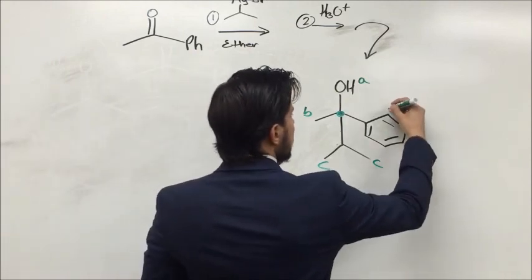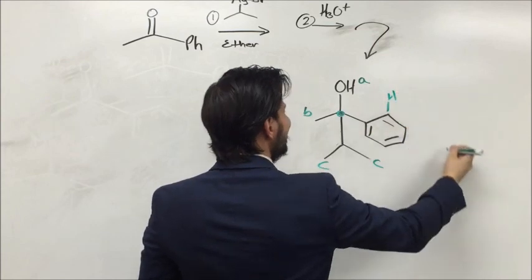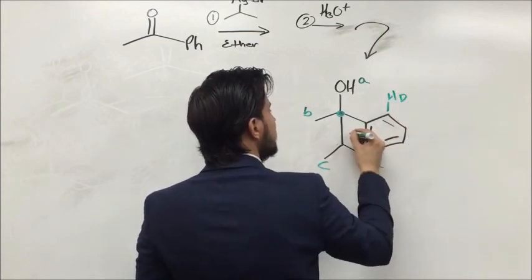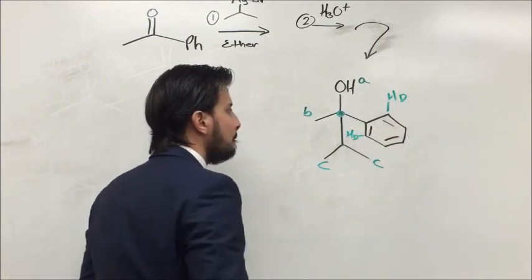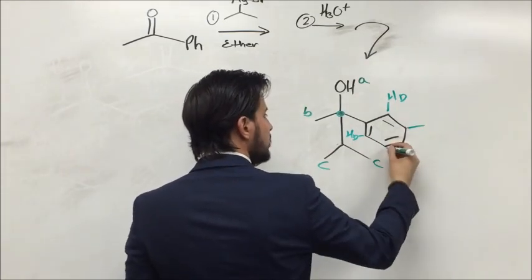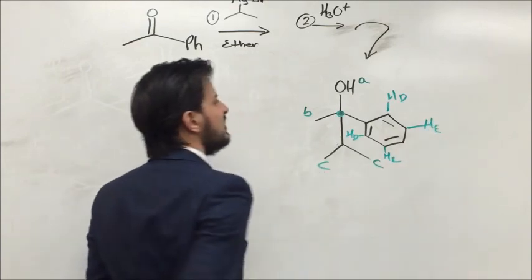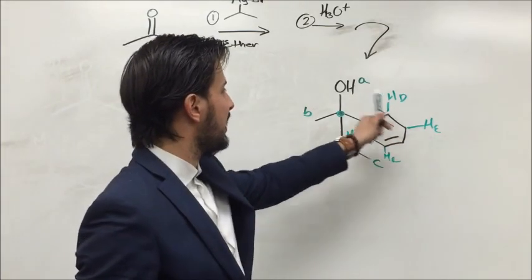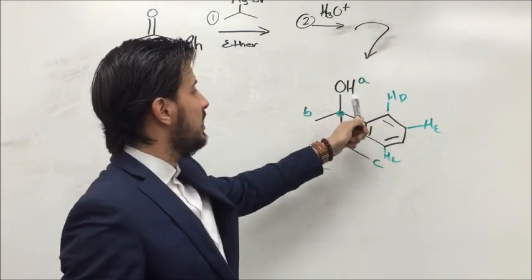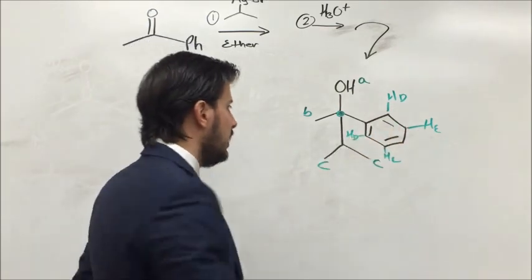And here we see that this hydrogen is the same as this one. And because these hydrogens are further away from that electron withdrawing group, these would be different than these hydrogens.